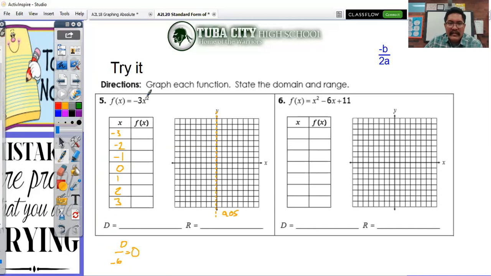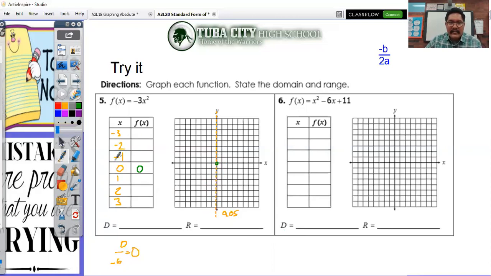So 0 times, well, plug it in here, 0 times 0 is going to be 0. That takes care of the exponent. 0 times negative 3 is going to be 0. So that means our vertex is going to be right here. And since it's a negative, that means that our graph is going to go downwards. So it's going to likely look something like this.